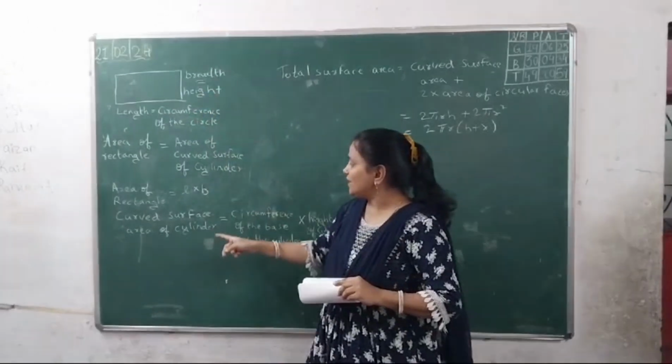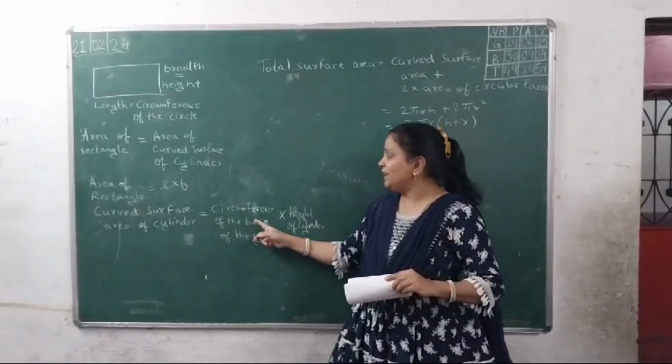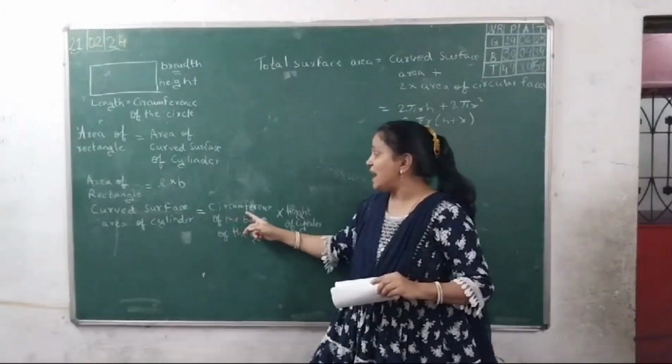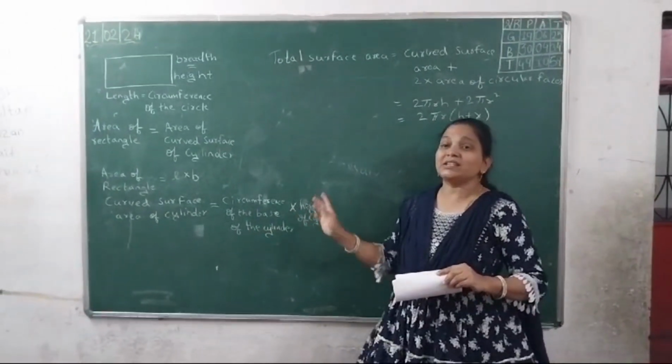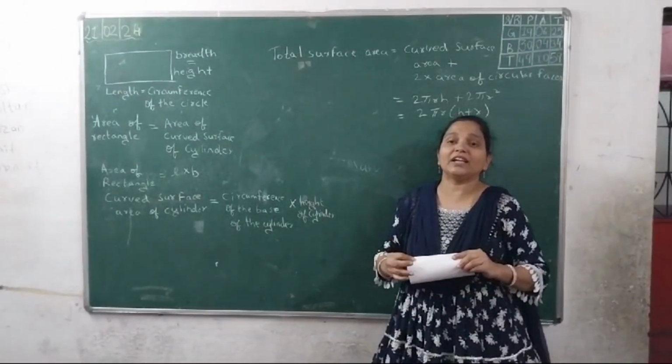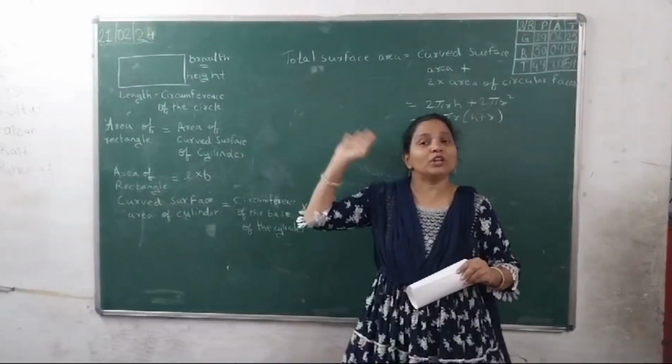So the curved surface area of a cylinder is the circumference of the base circle into height. This is the formula which we have derived by using the length and the breadth of the rectangular shape.